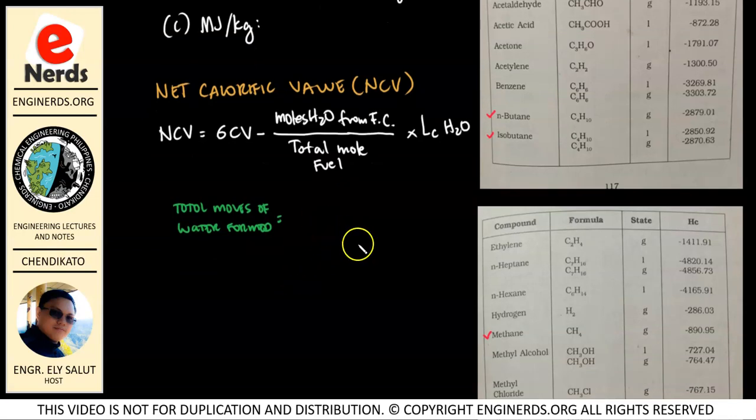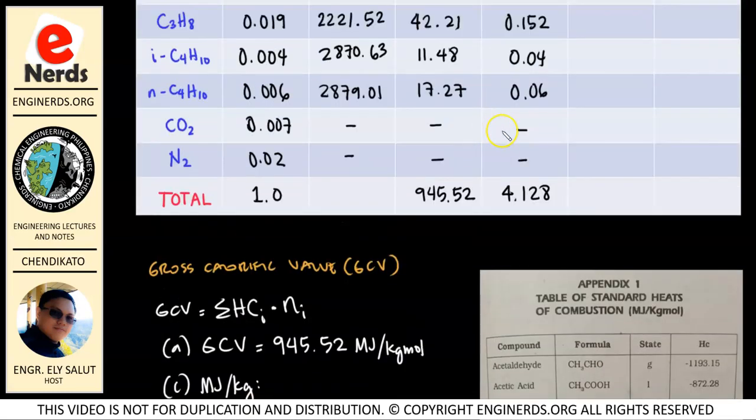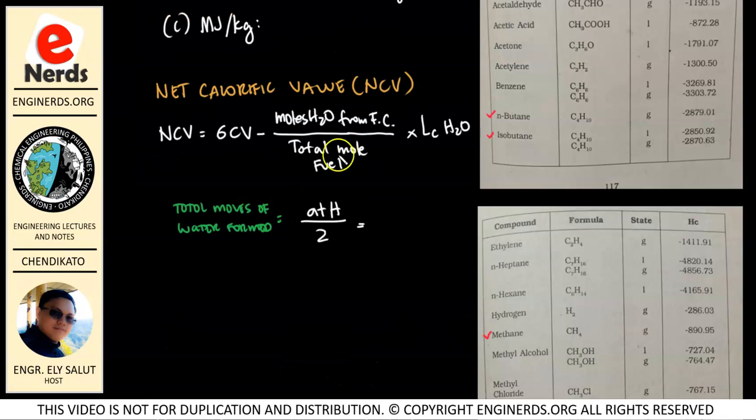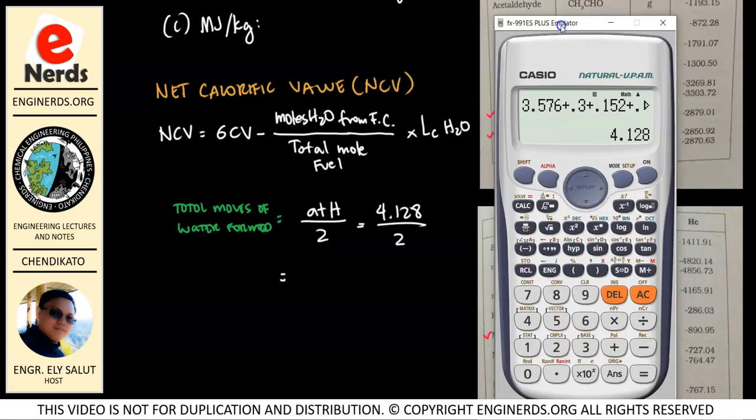So therefore, our value of at H, at hydrogen, yung nakuha natin, we need to divide that by 2. So our at H, itong ating value, which is 4.128, we need to divide that by 2. And that will be our total moles of water formed. Okay, so ilan ba yan?